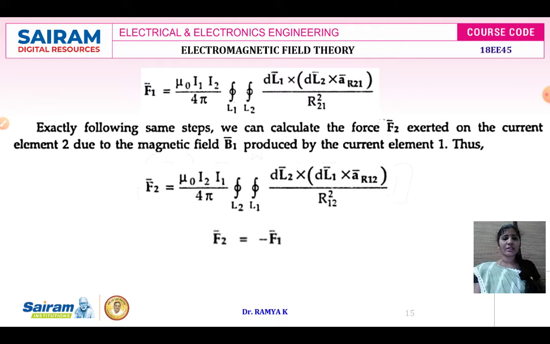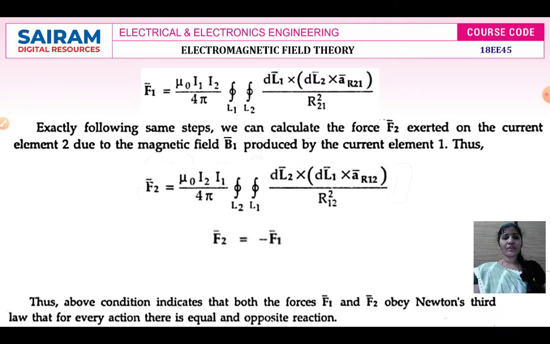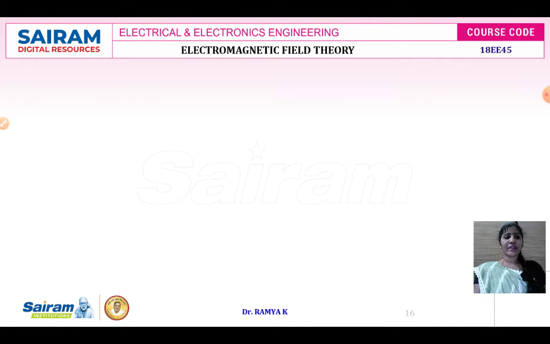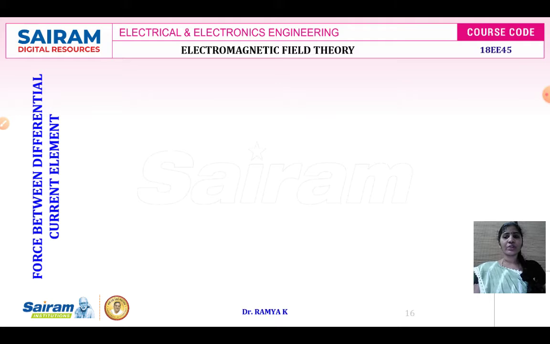When you consider the force equation, it is the force existing between the two current carrying conductors, and it should obey Newton's law, that is, every action has its own opposite reaction.